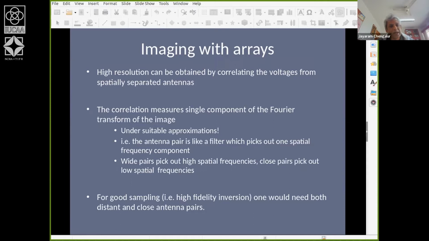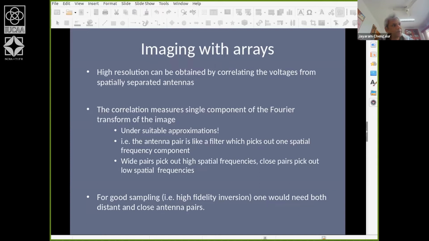And for those of you who've studied Fourier transforms, you would be aware that there's an inverse relationship between the Fourier variables. So if I have a wide pair of antennas, it would pick out high spatial frequencies, whereas close pairs pick out low spatial frequencies.